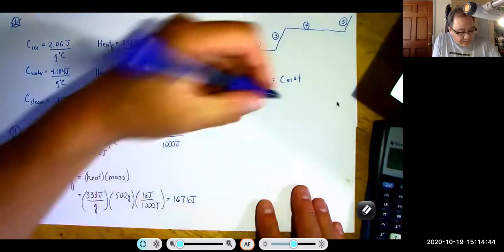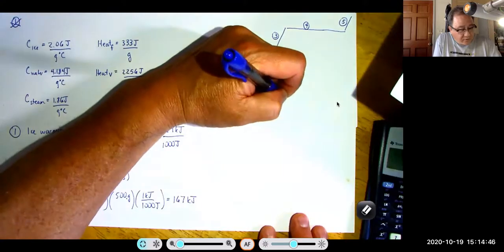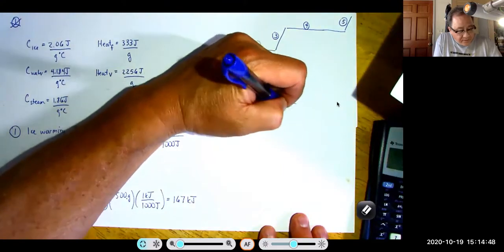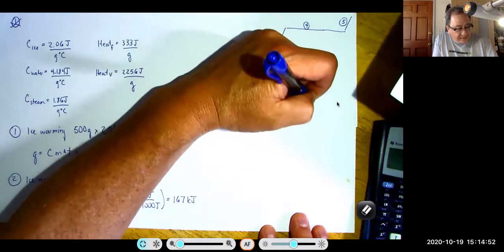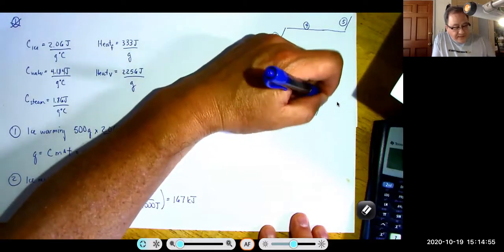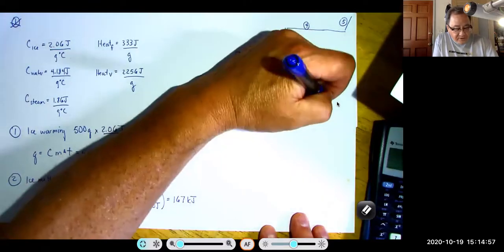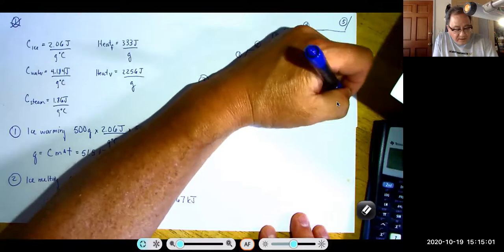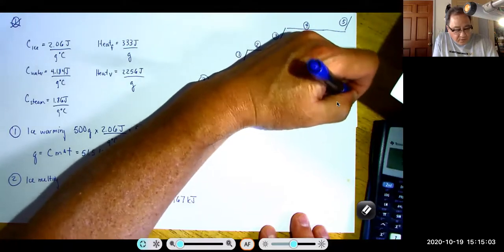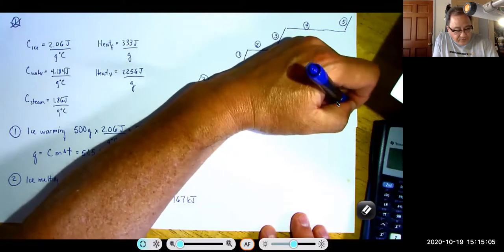So in this case, we have 4.184 joules per gram degrees Celsius. The mass is still 500 grams. And the change in temp is 100 degrees Celsius exactly. And then we're going to multiply by 1 kilojoule per 1,000 joules.